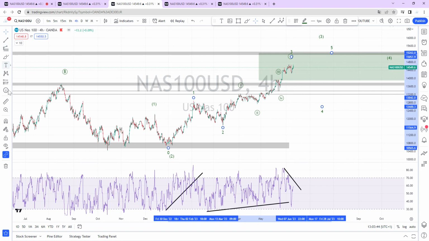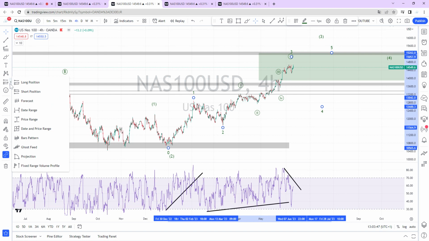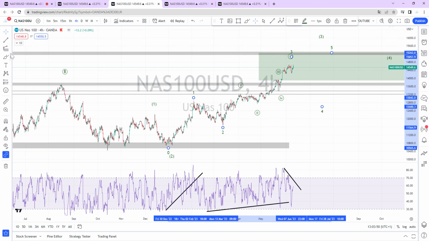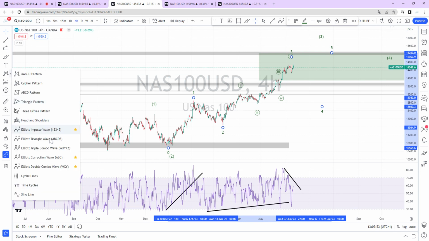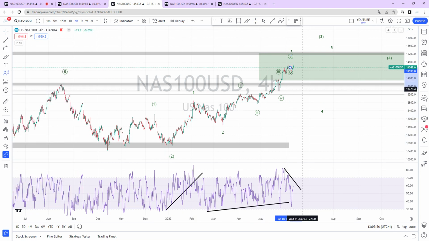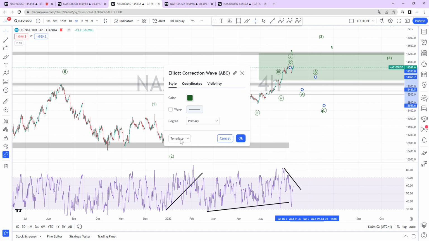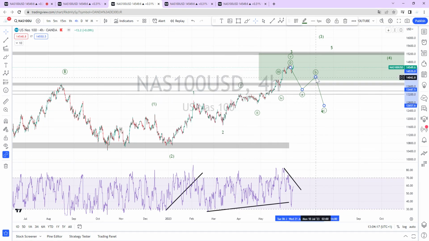Then you wait for our wave 4, an ABC, something like this, ABC to the downside, your wave 4, and then here this is again an area to buy. But yeah, it's a bit too early to consider this. We need to wait for a bit more data so we can define these areas where to buy.